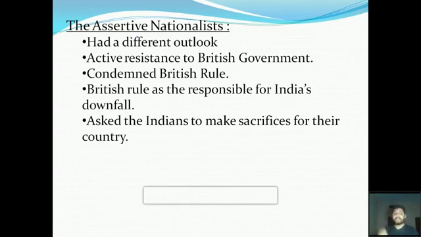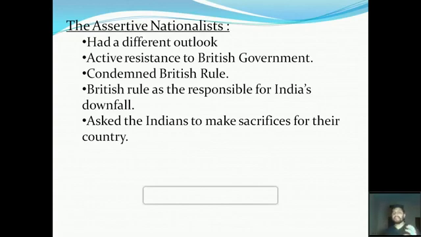They implemented a number of acts, like the Vernacular Press Act. And these assertive nationalist leaders were very active in resisting the British government on their decisions with regard to our country.